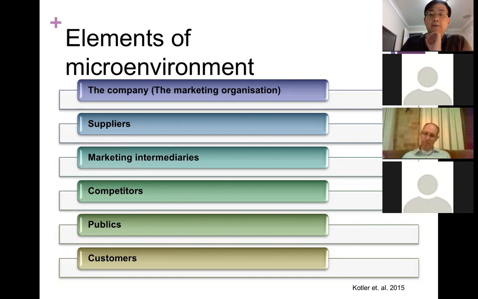If in your business model you need distributors or retailers, then you need to assess the marketing intermediaries. In different business models, you may not need to involve the marketing intermediaries or the resellers.